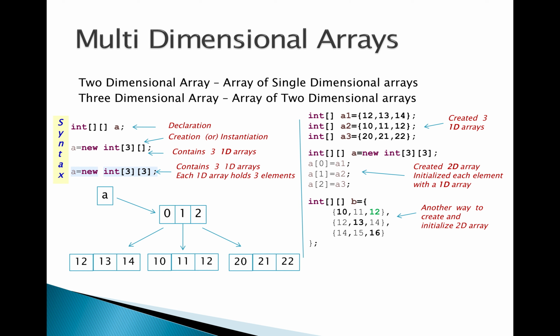We will move on to the accessing part of it. Say if I want to access a 2-dimensional array, I'll give b of 0, 0, which means it is representing the 10 actually. So here the 0, 0 means you can think of it as row 0 and column 0.